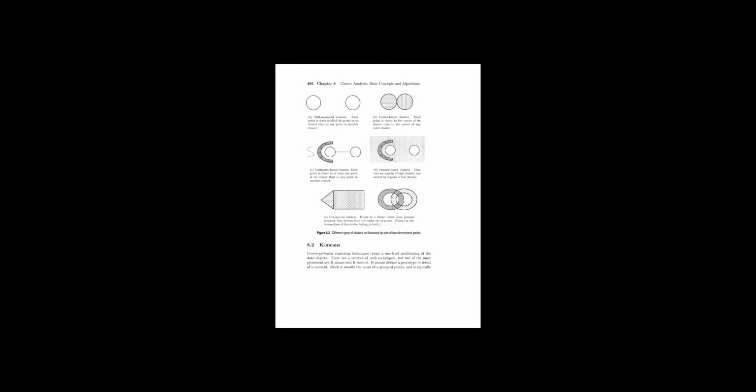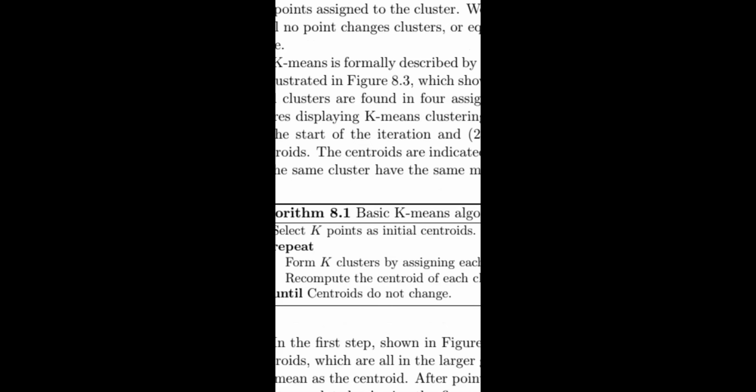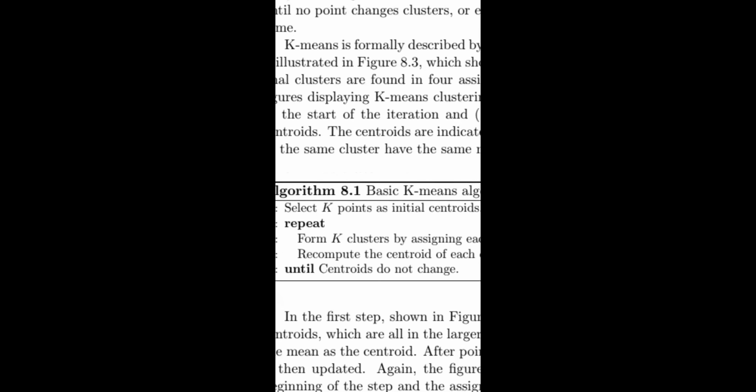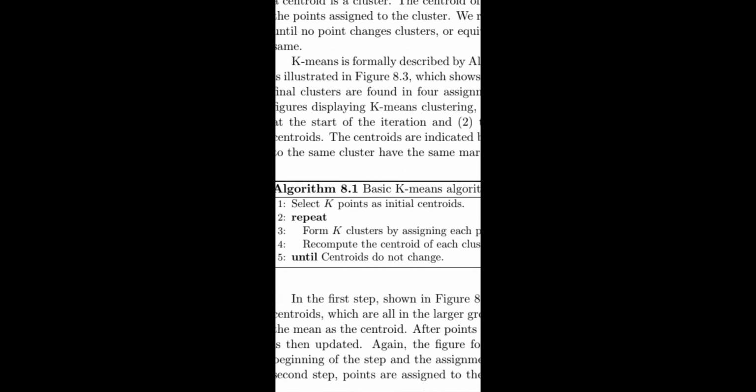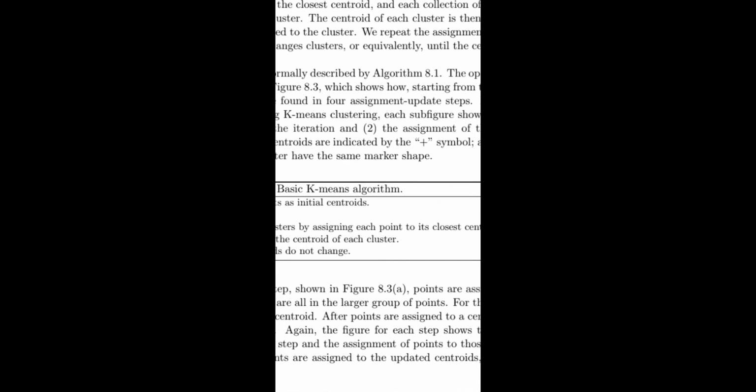So you can process it like this. This is the algorithm for k-means. Select the K points as the initial centroids. Repeat: form the K clusters by assigning each point to its closest centroid, and recompute the centroid for each cluster until centroids do not change.